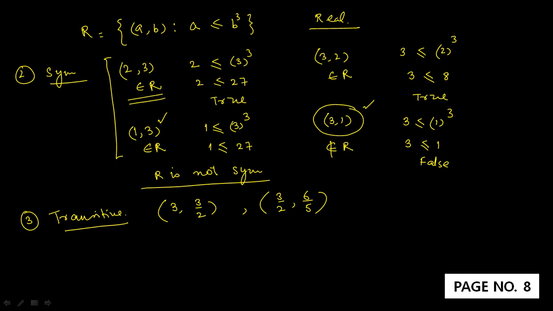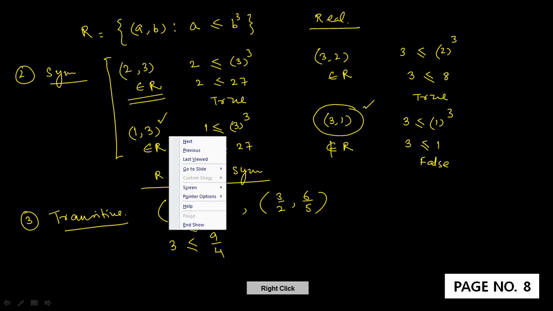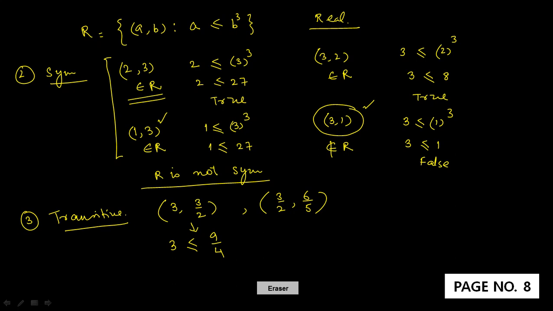Now what about this condition? 3 less than equal to 9 over 4, it's cube. It means what we have to write is 3 over 2 whole cube. It means the answer is 27 divided by 8. This one is true.